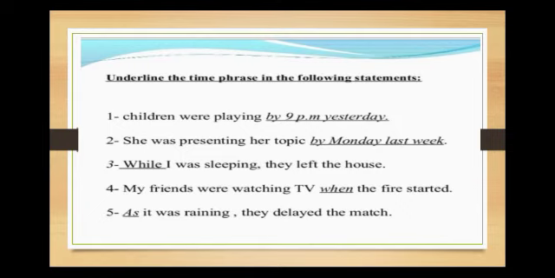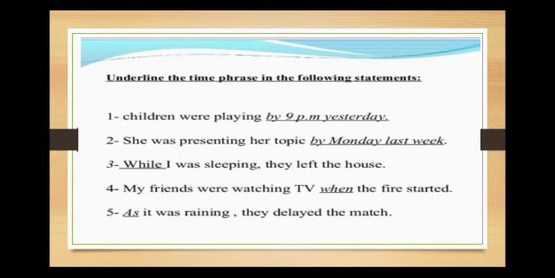She was presenting her topic by Monday last week. So what was she doing by Monday last week? She was presenting her topic. So that action was being performed by Monday last week.